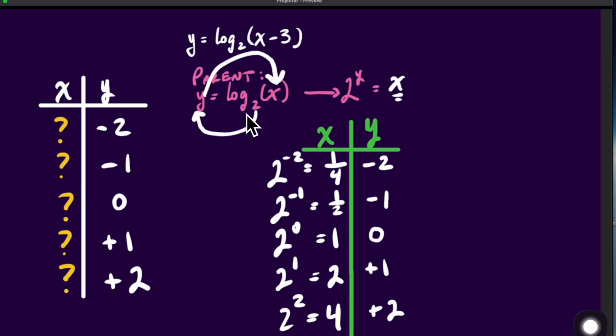Now remember folks, this is not our final graph. Our final graph is a transformation of this parent function. So next, what we're going to do is examine the transformation and recognize that this is a horizontal translation, and because there's a -3, we're actually having a horizontal transformation to the right of 3.